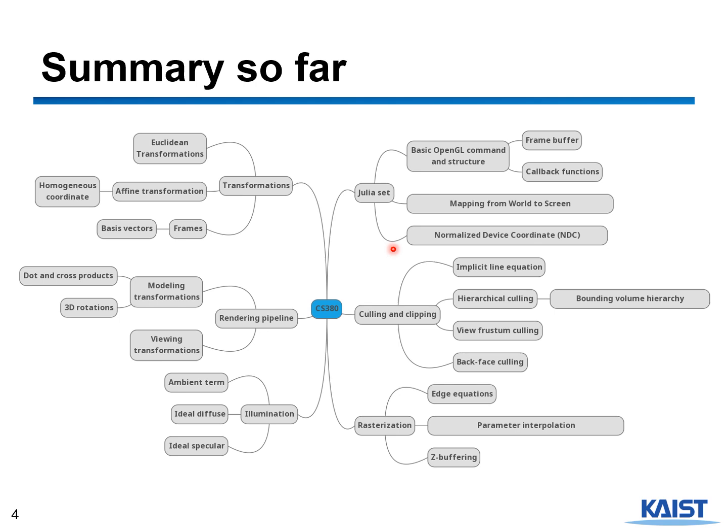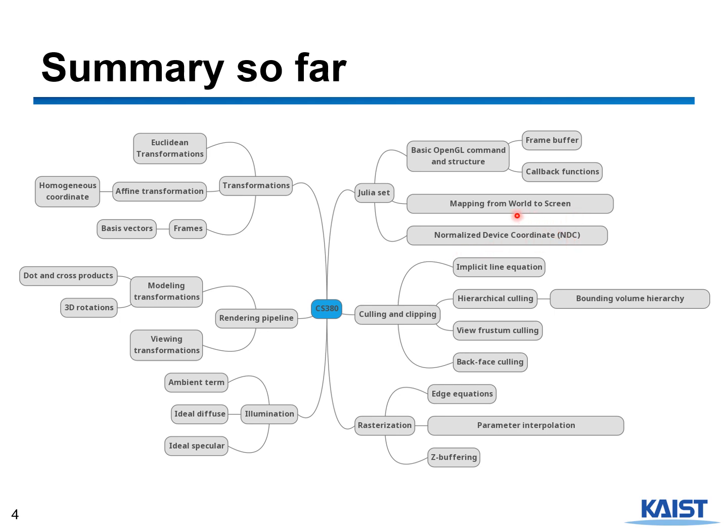Before we talk about today's material, I'd like to summarize what we have covered so far from the beginning of this course. You might recall that early on we talked about an example of the Julia set. Based on it, we talked about the mapping from world to screen, and normalized device coordinates.